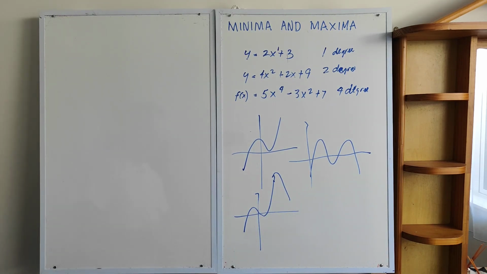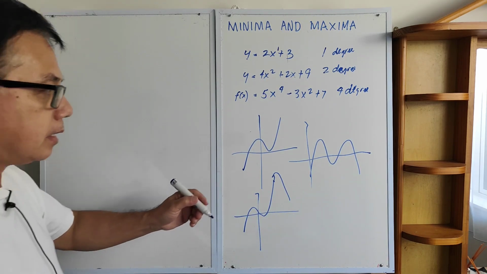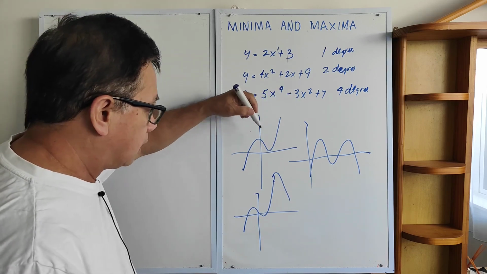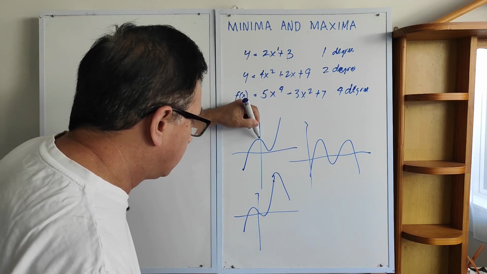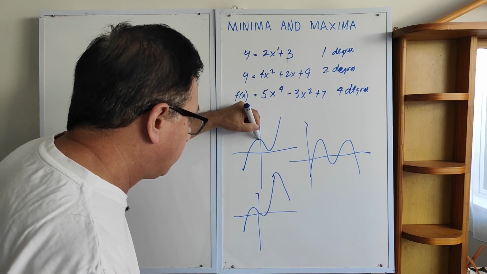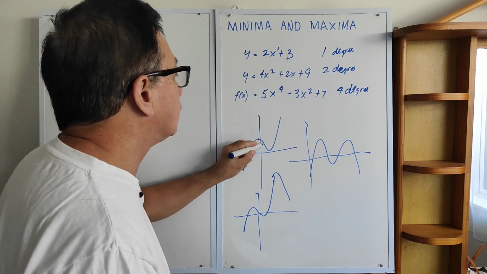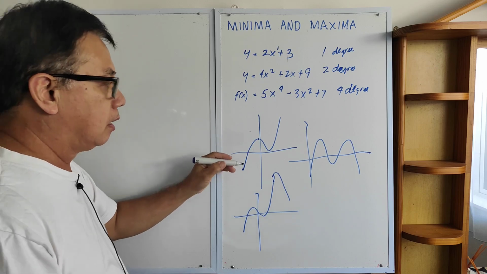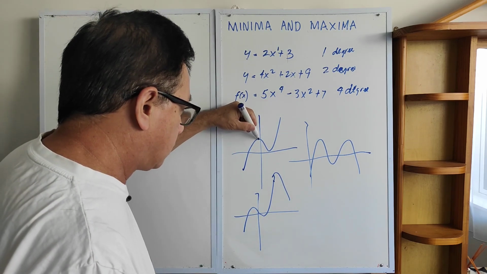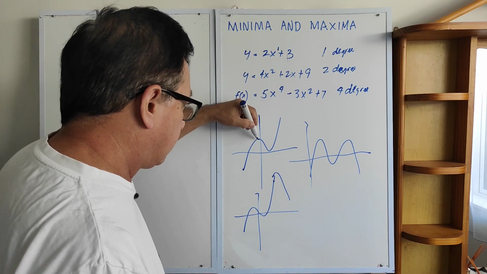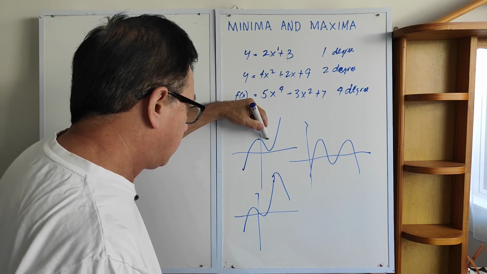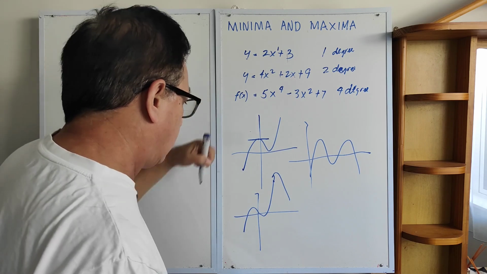Now these points, for example, this point, this is the tip. The slope at each point on this curve is changing, but at the uppermost tip of this one, the slope would be perfectly horizontal.